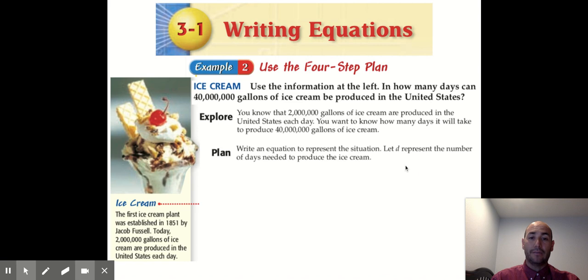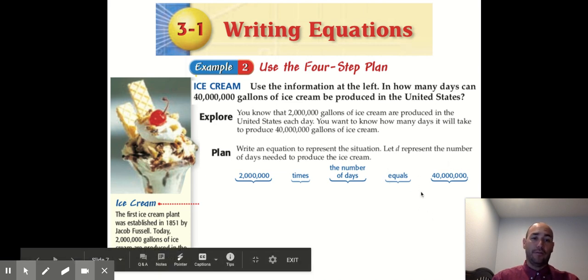Then I'm going to write my equation. I know that 2 million gallons are produced times the number of days should equal 40 million gallons, because that's what I'm trying to figure out. So my equation is 2 million times D equals 40 million.